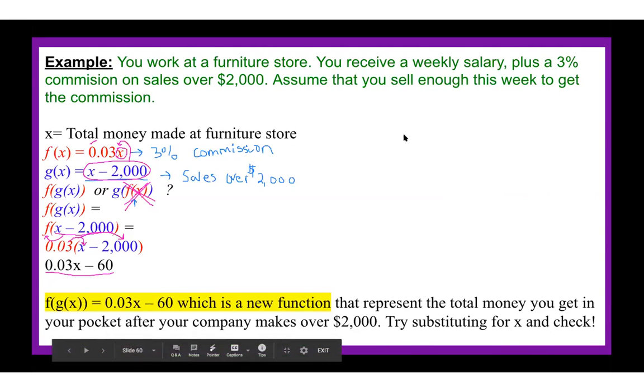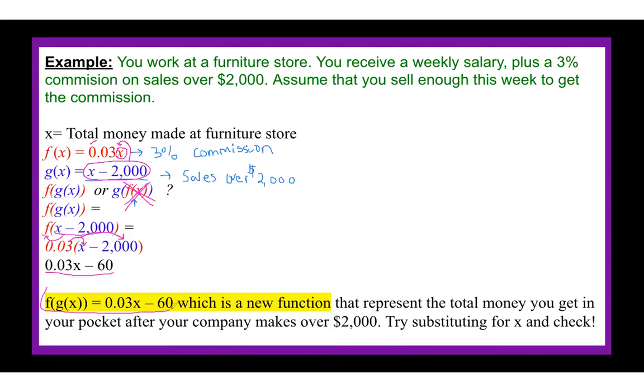So let's see. Let's say I make 10,000 bucks. I'm going to circle my new function here. This is my new function. Now, if I make 10,000 overall sales in the furniture store, all I got to do is plug it in here. So 0.03 times 10,000. Let's say I make 10,000 because, you know, furniture is expensive.